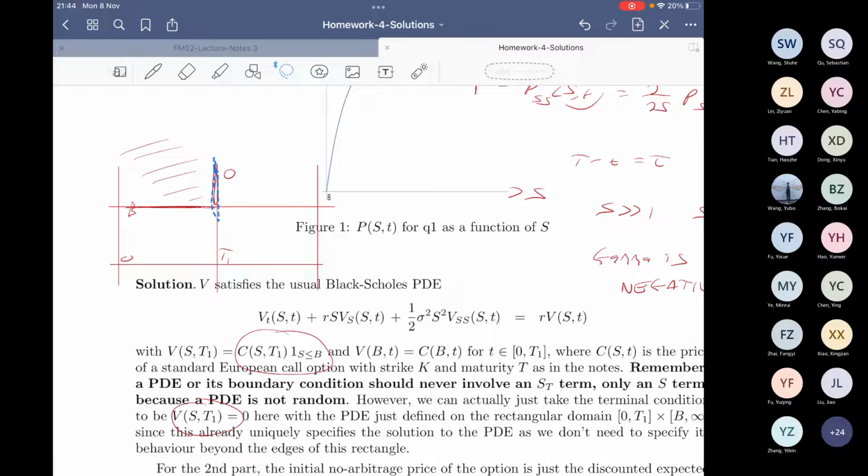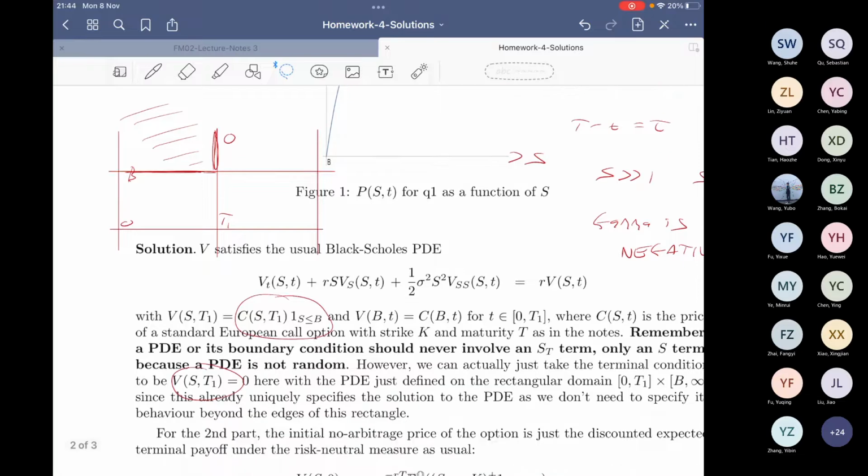I'm not actually proving that. That would be a difficult thing to prove, but it's true. So all that actually matters as far as the boundary conditions is that along this barrier, the value is just equal to the Black-Scholes value, and along this barrier, the value at the time T1 is worthless. Because if you're above B, you've got no time to hit the barrier because you're already at T1, is the way to think about it.